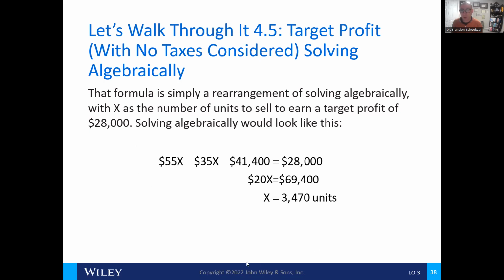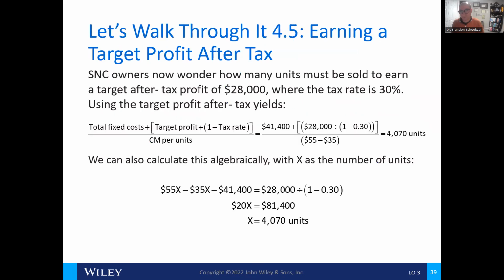We then rearrange that formula to tell us algebraically the number of units that we need to sell. Now, we wonder how many units we would need to sell in order to earn an after-tax profit of $28,000. The tax rate is 30%.